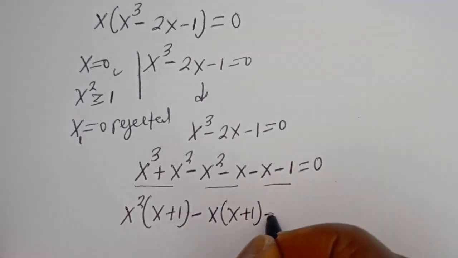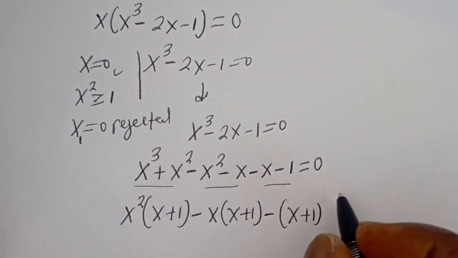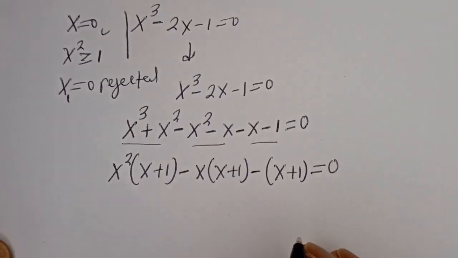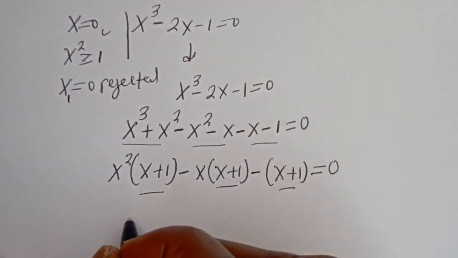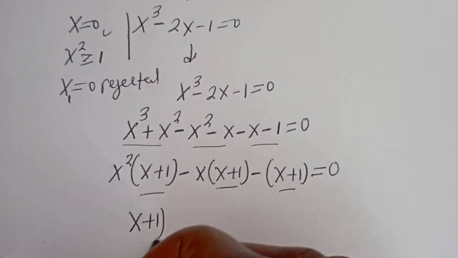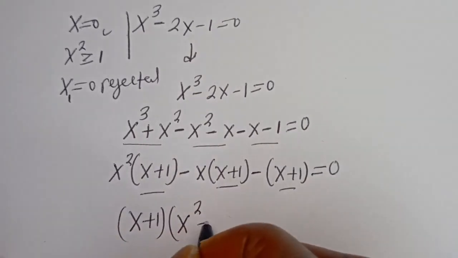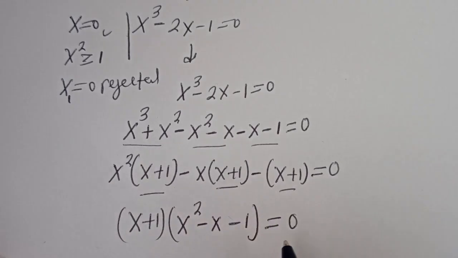Then here we have minus bracket s plus 1 is equal to 0. Now, as you can see, s plus 1 is common here, here, and here. We have s plus 1 bracket, here we have s squared minus s minus 1 is equal to 0.